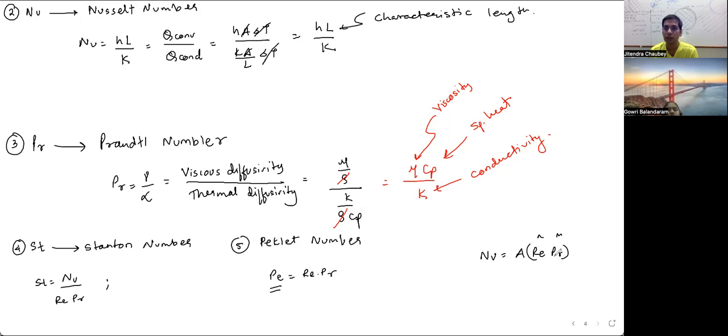Instead of writing RE and PR, they might write PE. So these are the only important numbers we must know for forced convection. Then there come two more numbers, which are important for natural convection.